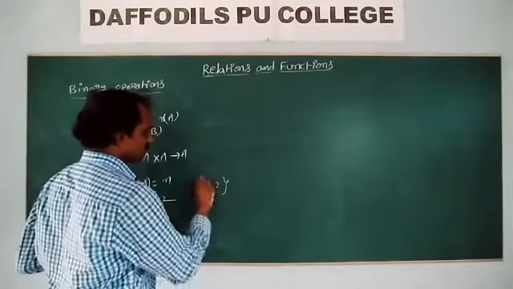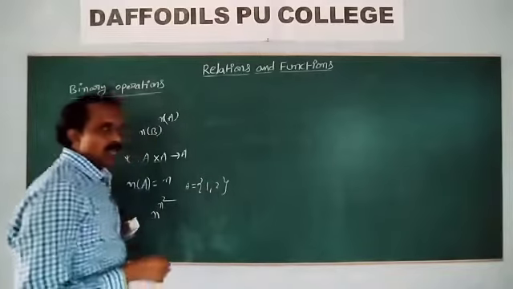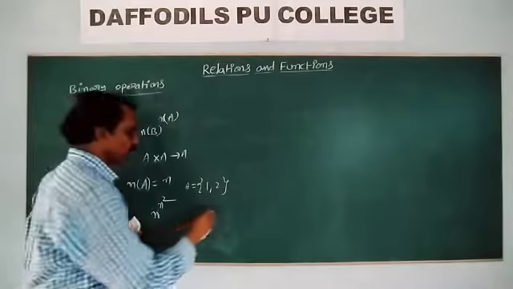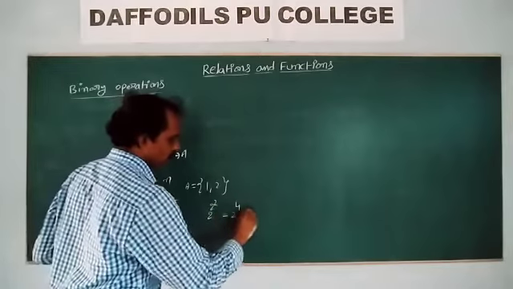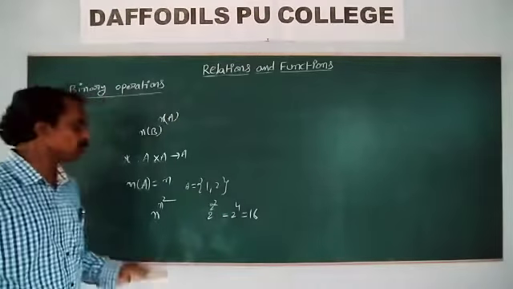Suppose in the set A there are 2 elements, how many binary operations? 2 power 2 squared, that is 2 power 4, so 16 binary operations are possible.